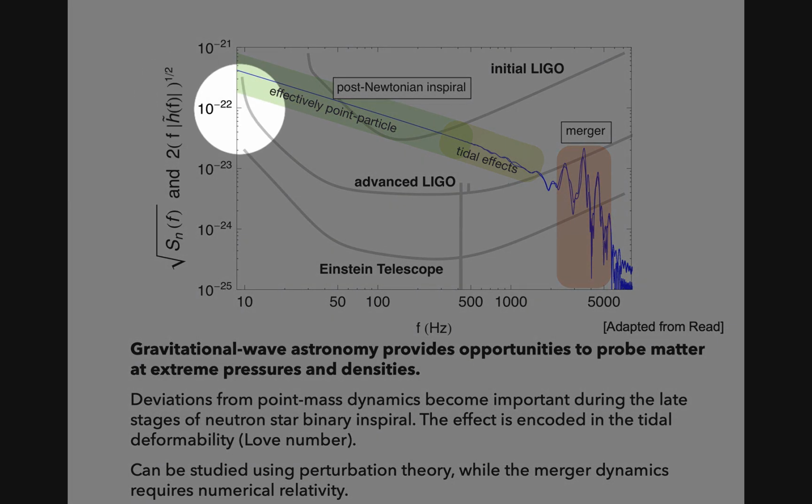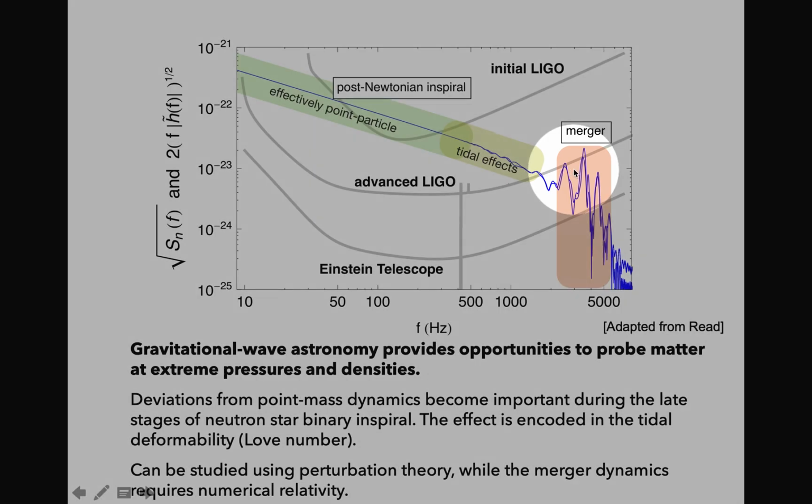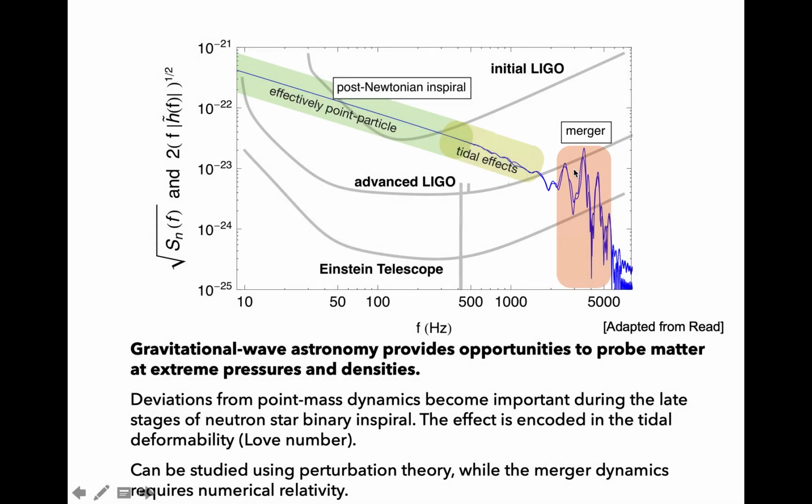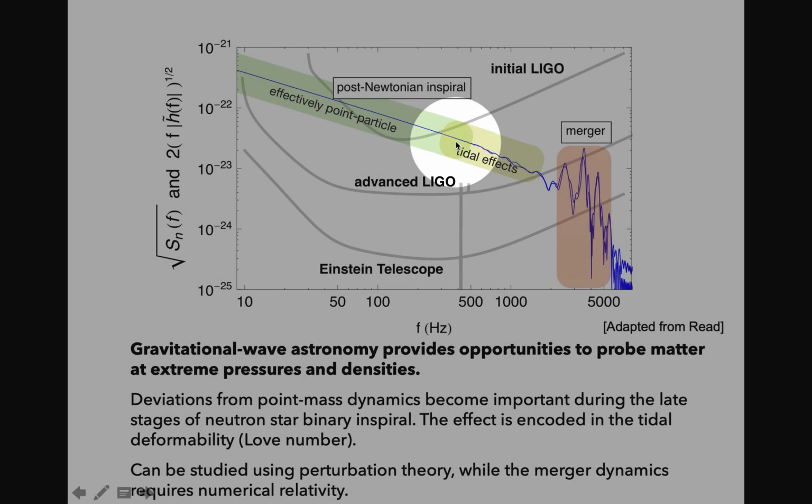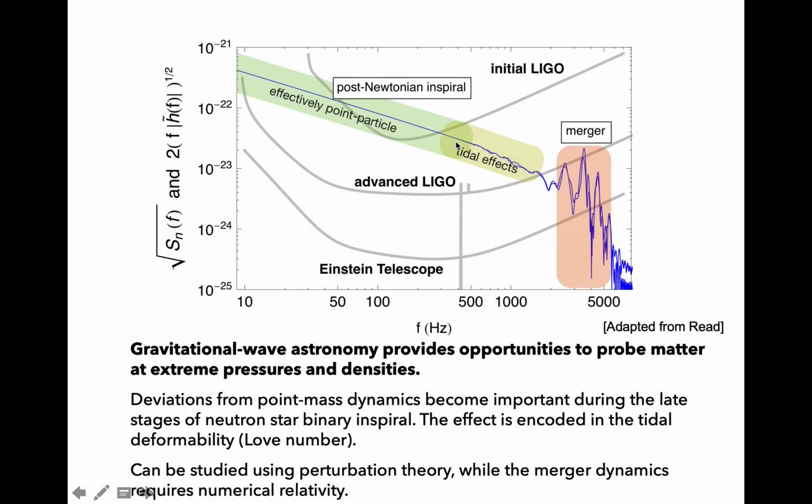If we go to the merger itself, then clearly we require full nonlinear numerical relativity simulations, but in between there is a range of binary separations from something like 100 Hertz or so up to merger, where the neutron stars get increasingly stretched by the tidal interaction with the companion, where we can analyze the problem through perturbation theory, and where the answer depends to some extent on the deformability of the matter.